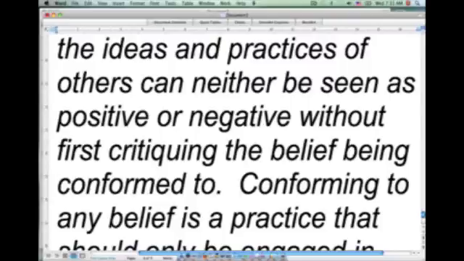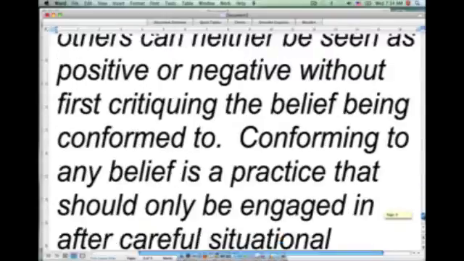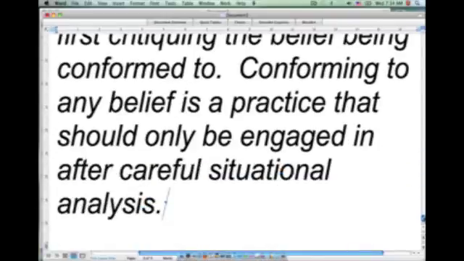So you can see here we're linking back to our thesis, right? Because in our thesis we said, well, you can't say conforming is right or wrong. It's the subject or the idea that's being conformed to that is right or wrong. And here we're saying that again. Conforming to any belief is a practice that should be only engaged in after careful situational analysis.